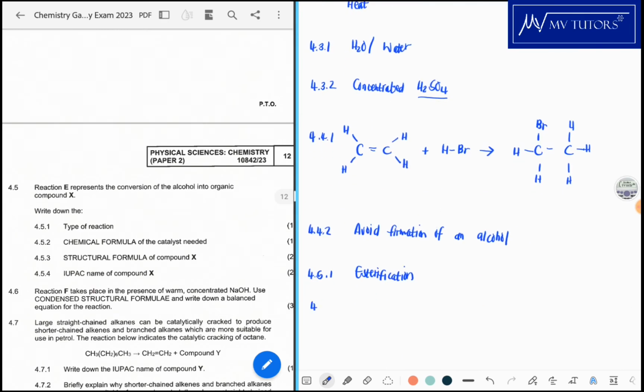All right, and then 4.5.2, write down the chemical formula of the catalyst needed. So what catalyst do we need there? Yet again, concentrated sulfuric acid.